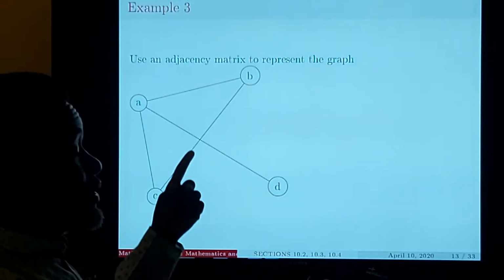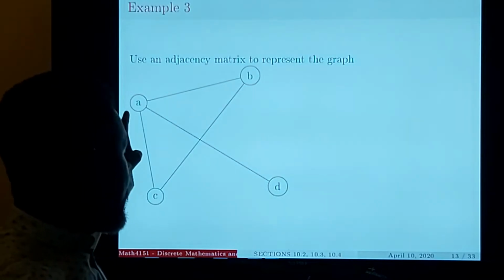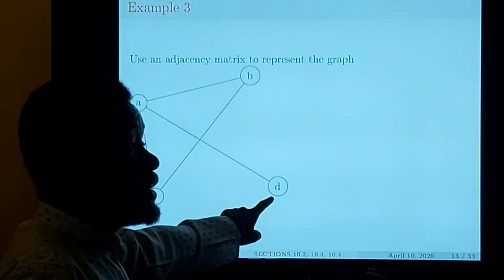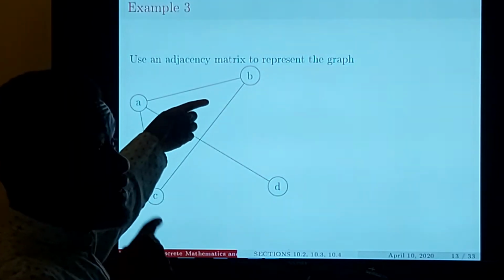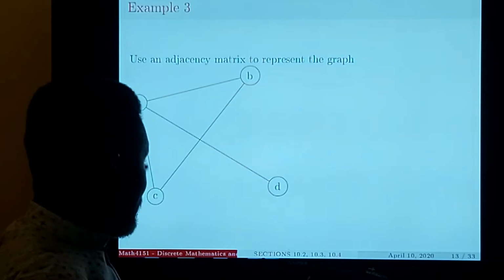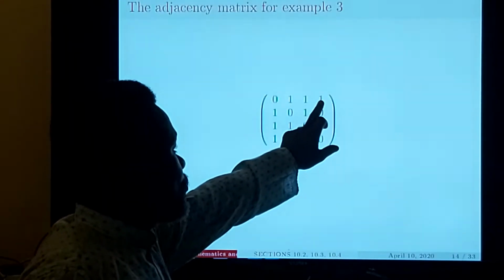No, there's no loop. Is A adjacent to B? Yes, so you'll have 1. Is A adjacent to C? Yes, you'll have 1. Is A adjacent to D? Yes. So the first row of the adjacency matrix will be 0, 1, 1, 1. Look at it. 0, 1, 1, 1.